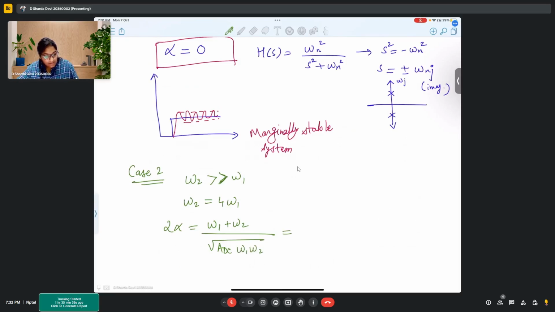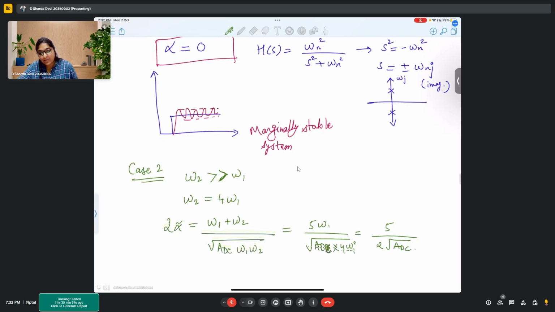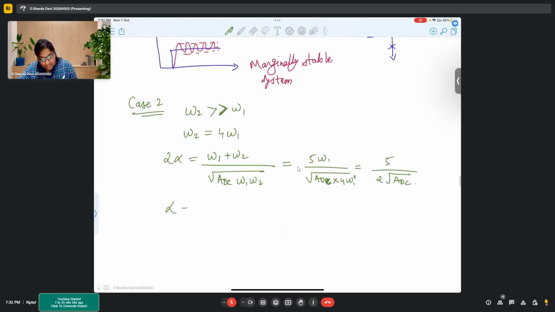That is 5 times of omega 1 by root under ADC into 4 omega 1 square. So that is 5 by 2 root under ADC. So alpha is 5 by 4 root under ADC.